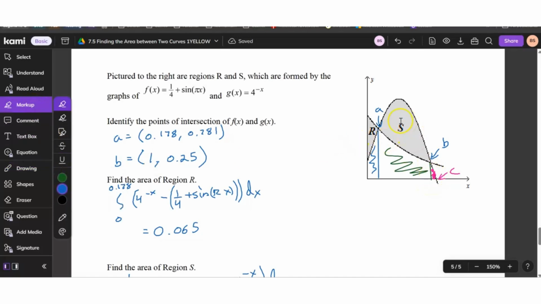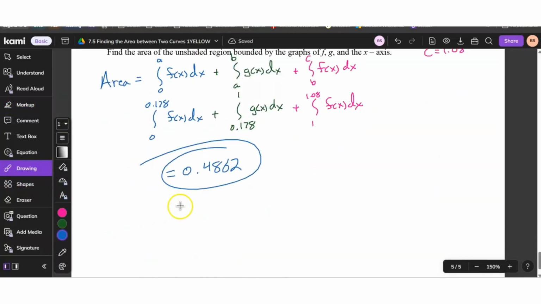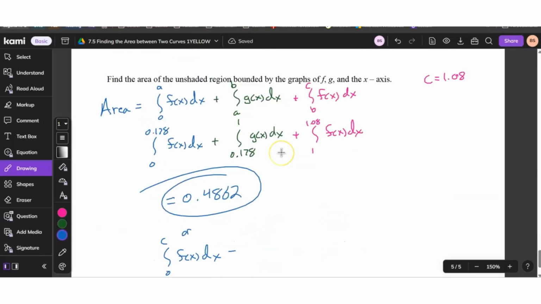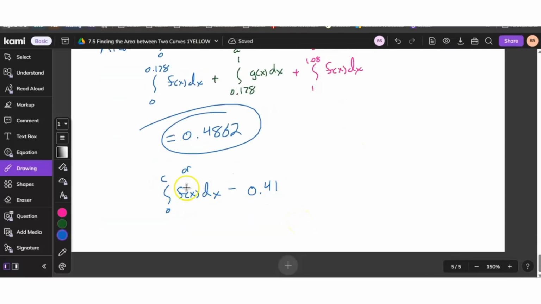Because we already know S, we could simply find the area underneath the curve of f of x from 0 to point c, and then subtract S. So it would be the integral from 0 to c of f(x) dx minus the area of S, which we found up here, which was 0.41. Yes, 0.41.